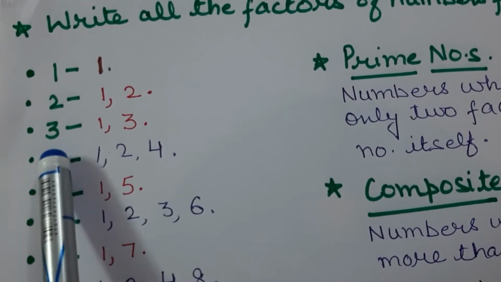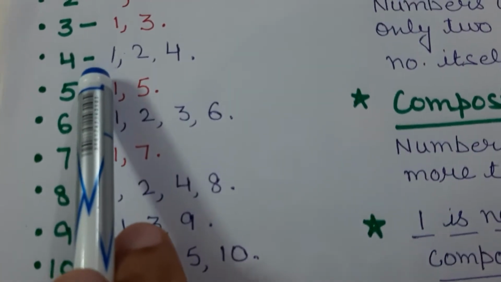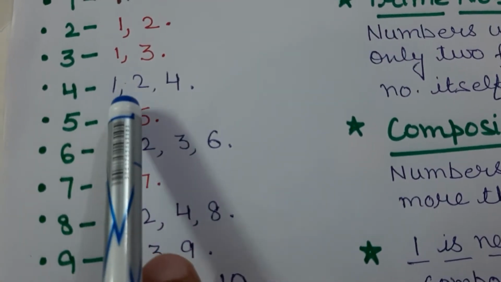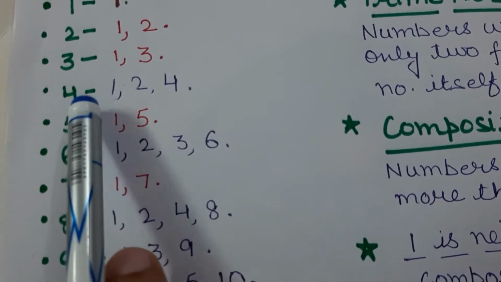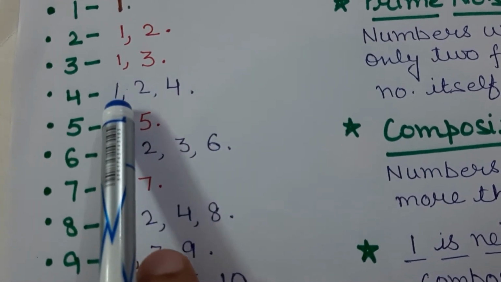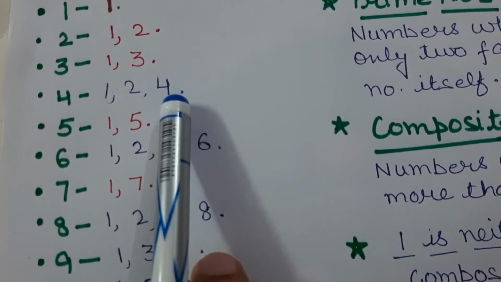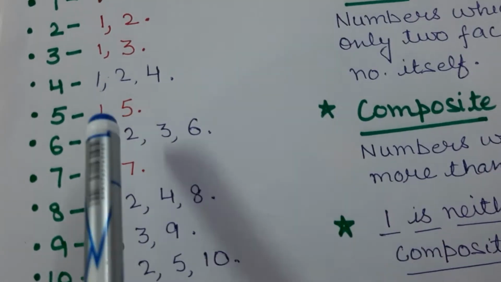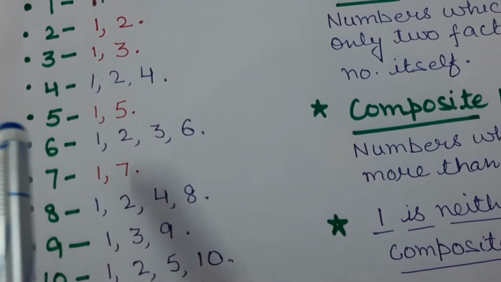Then 3: 1 and 3. Then 4: 1, 2, 4. This means 4 comes in 1's table, 2's table and 4's table. All these numbers are divisible with 4.